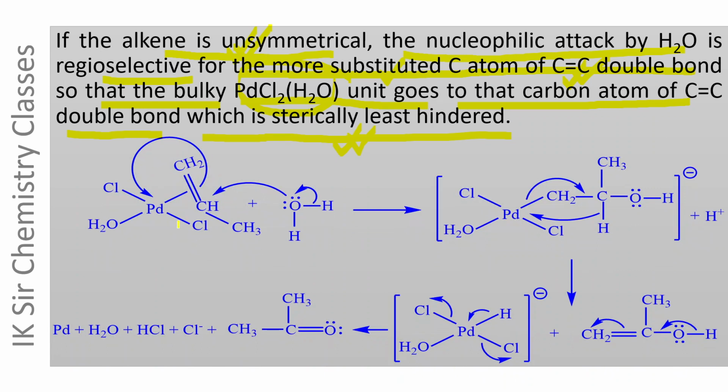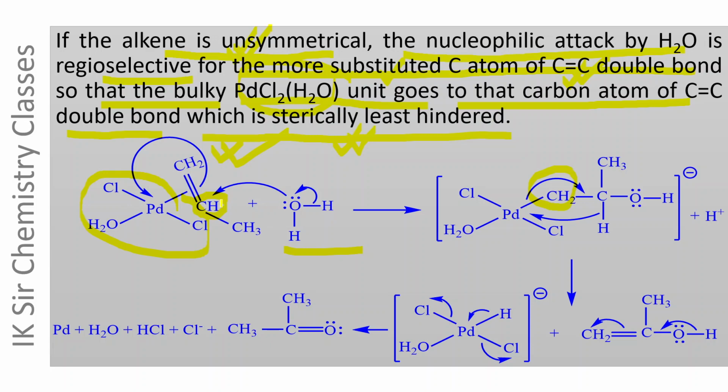Here propene molecule is coordinated to palladium, and during nucleophilic attack H2O attacks this carbon atom of the carbon-carbon double bond which is more substituted, which is sterically more hindered, so that this bulky PdCl2H2O group gets attached to that carbon atom of the carbon-carbon double bond which is sterically least hindered.